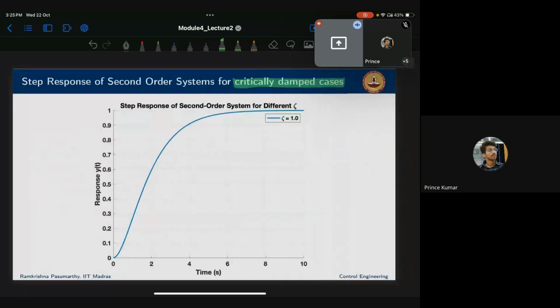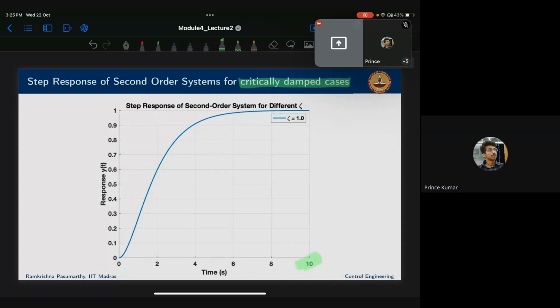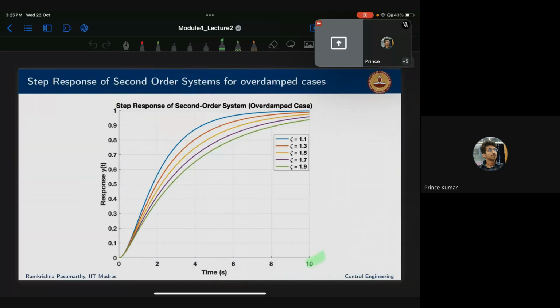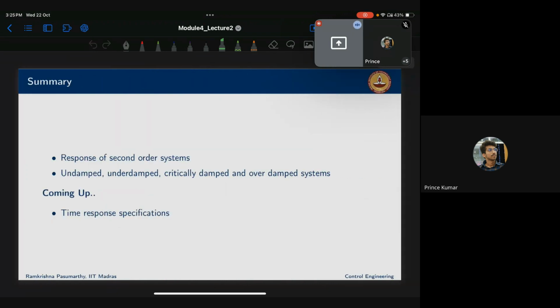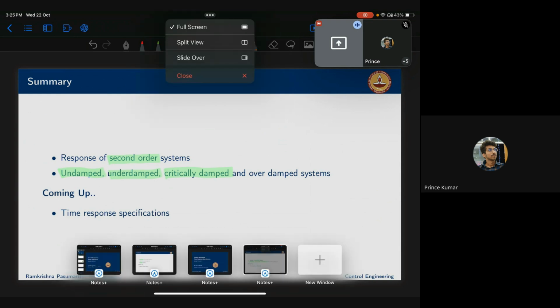You can see the response between this and this. So this seems to be reaching very fast, the over damped case. So here we saw the second order system, 3 cases for impulse as well as step input: under damped, over damped, and critically damped.